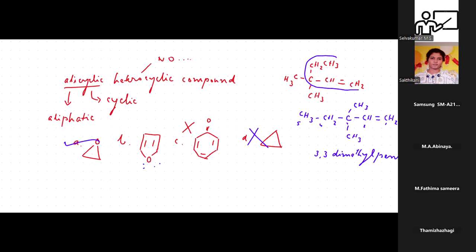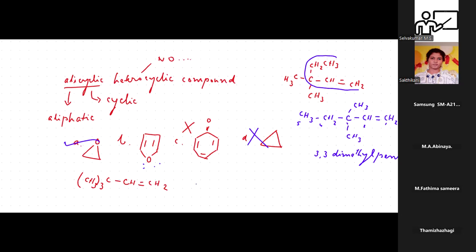Similarly, you can name another compound. Let me write here. CH3 thrice, C, CH double bond CH2. For understanding, you can write the full structure.